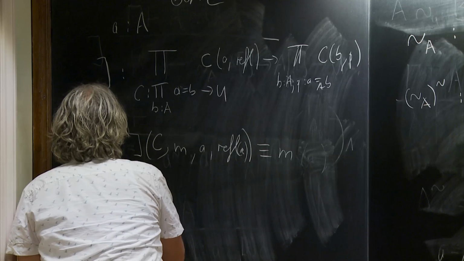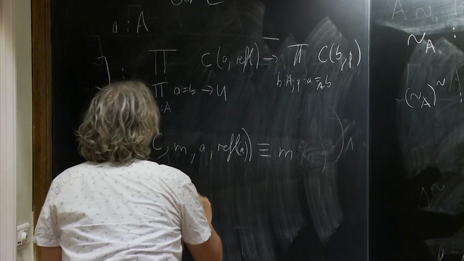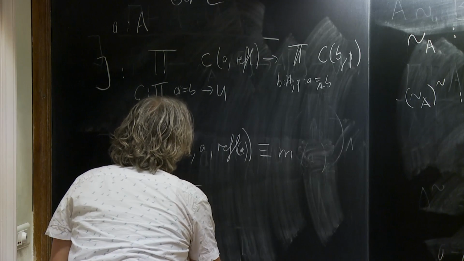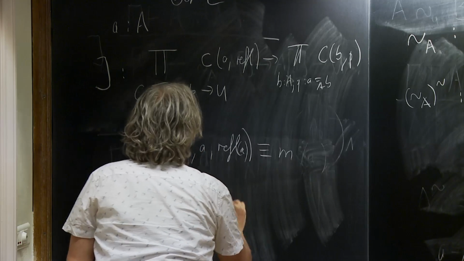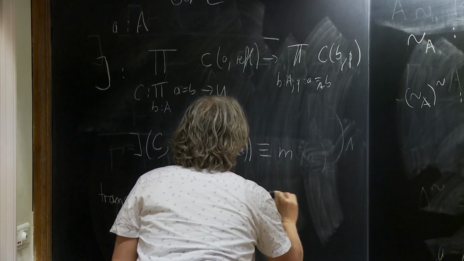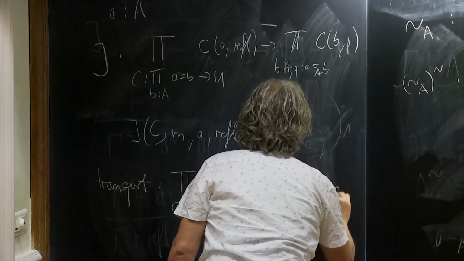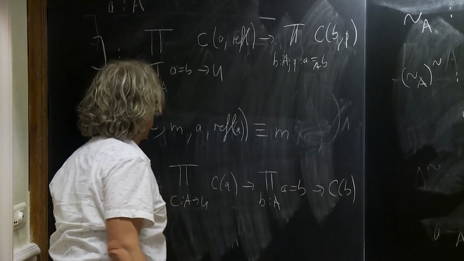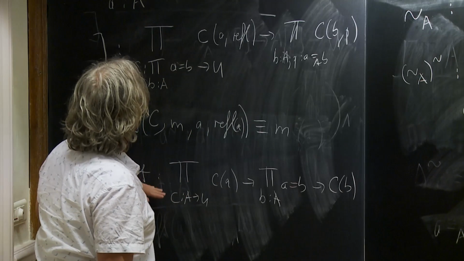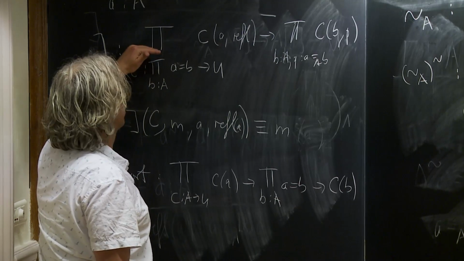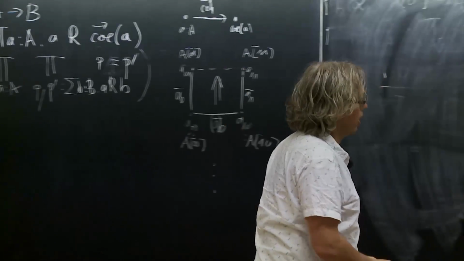I called it subst, which is: if I have a C, A arrow U, and I know C of a, then for all b in A, if a is equal b, I get an element of C b. So this is just the special case. I'm going to do this first, and then from transport, via another condition, I can derive J.